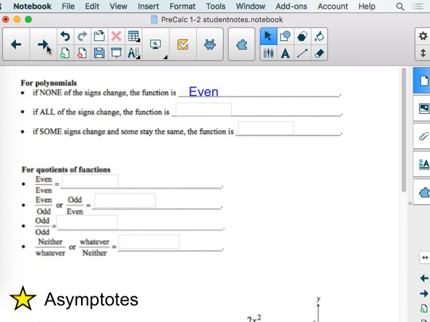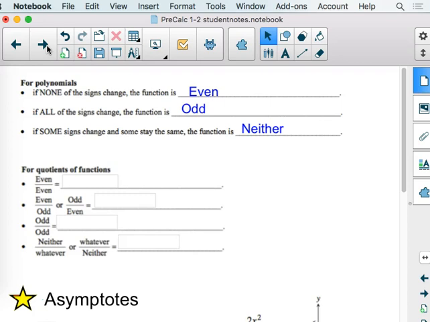That makes it even. You just get back what you had originally. That means it's symmetric to the y-axis. That's the whole reason that happens. If all of the signs change, that makes it odd. So if we're multiplying it all by a negative 1, that's when we get odd. Some change, some don't. That's going to be our neither. Kind of mixing and matching there.